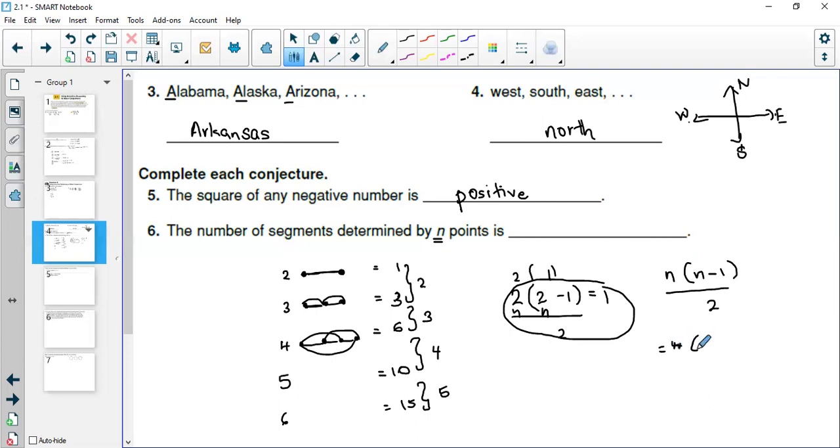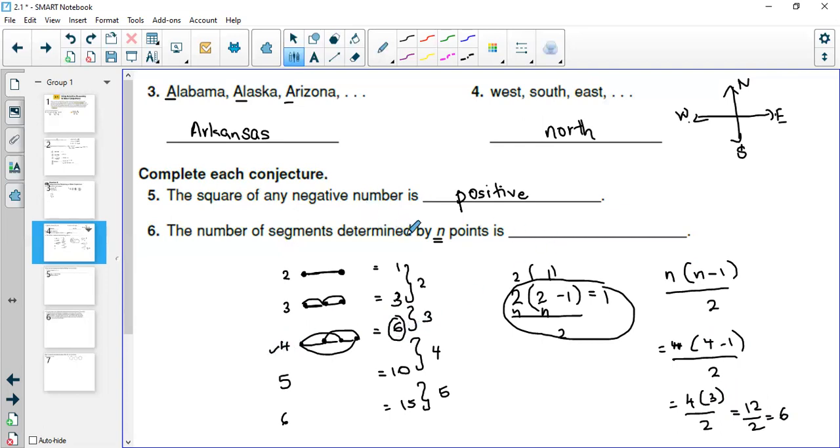That's going to be 4 times 4 minus 1, divided by 2. So 4 minus 1 is 3, 4 3s are 12, divided by 2 is going to give you 6. So is the number of segments formed 6 here? Yes, it is. So when there are 4 points, the segments are 6.